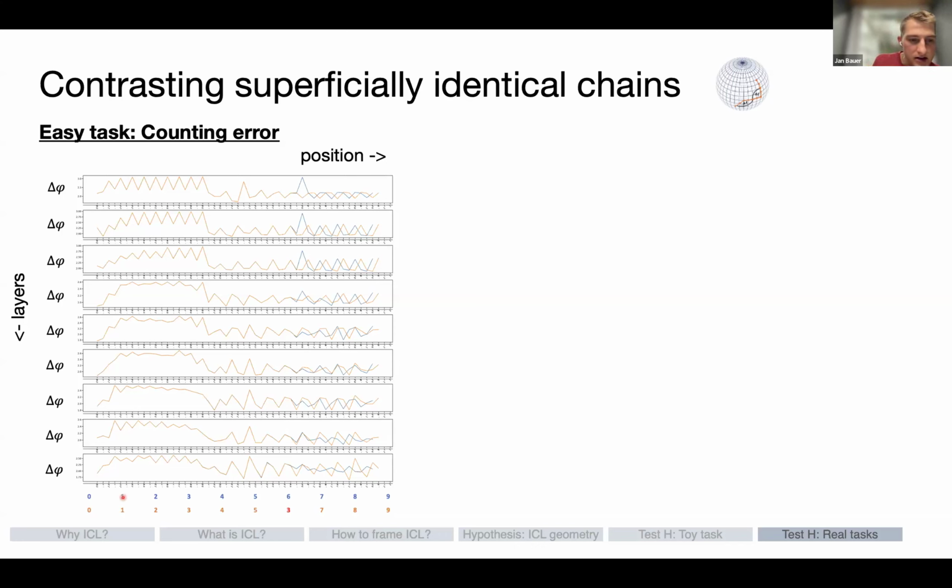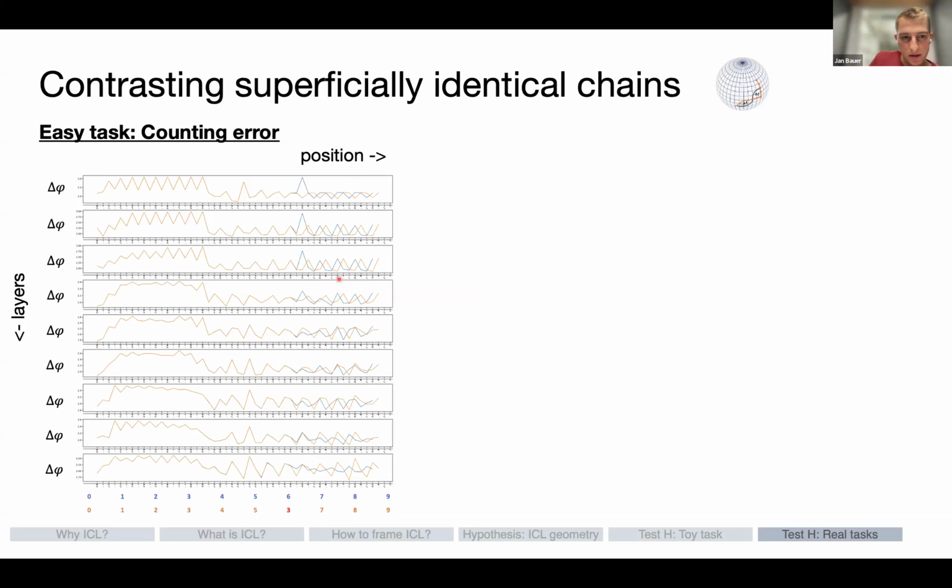And here is a very simple example where I have just the integers from 1 to 9, but then in the orange prompt, there's an error introduced. And what you can see is that, okay, up till there, due to the seed being equal, these latent changes, these latent chains, quote unquote, will have the same angular change, but then at the introduction of the perturbation, there will be a deviation.